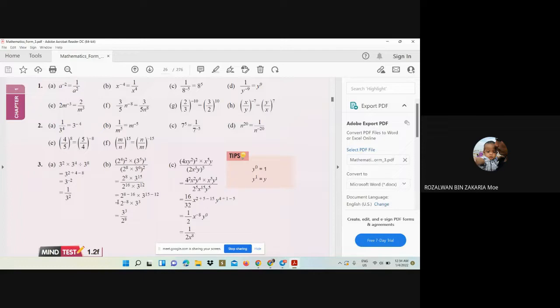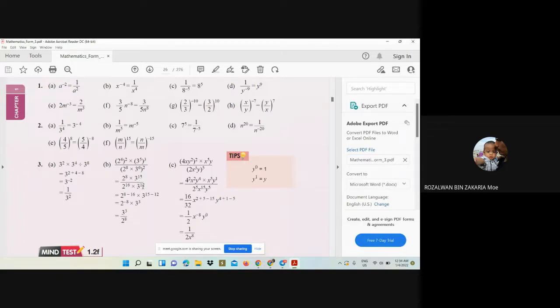Then after that, what to do? You do the mathematical operation for the index numbers which have the same base. So here you have 2 power of 8 divide with 2 power of 16, so equal to 2 power of 8 minus 16. Then multiply with 3 power of 15 divide with 3 power of 12.